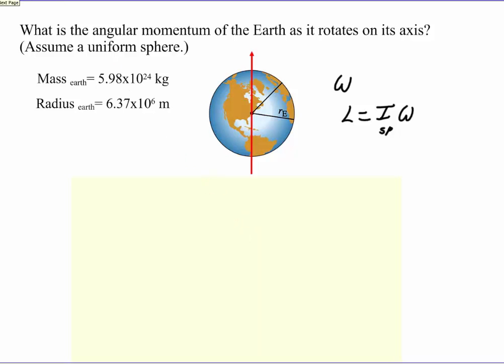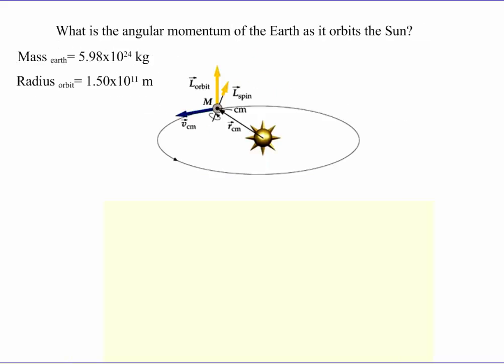Another, similar problem, and this is a very interesting one. What is the angular momentum of the Earth as it orbits the Sun? The first part would be pretty easy, right? We'll do L here.